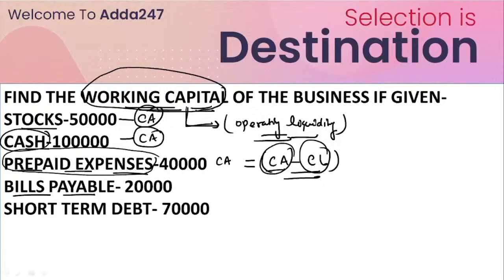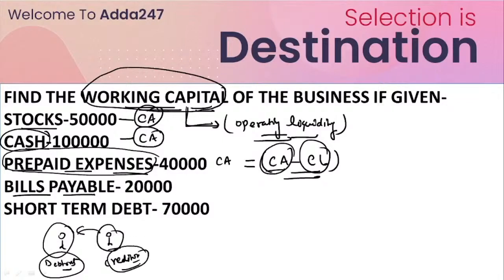Bills payable means the amount that we have to pay to our creditors. Understand the debtor and creditor: suppose we borrow some goods or services from a person, then we are the debtor to that person, and this person is a creditor for us, because we borrowed the goods or services on credit.